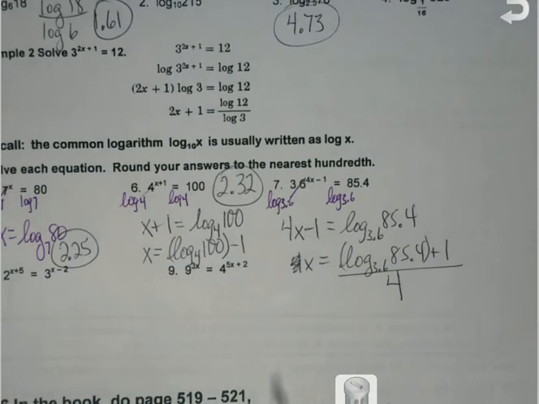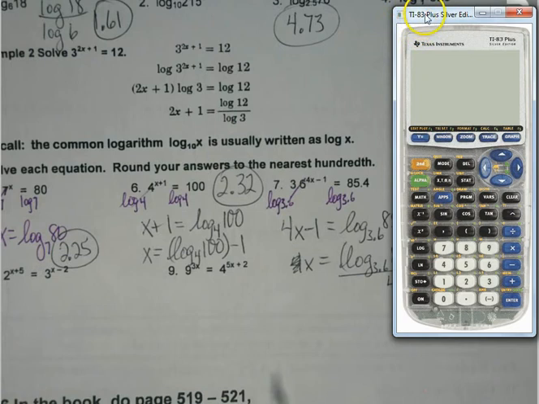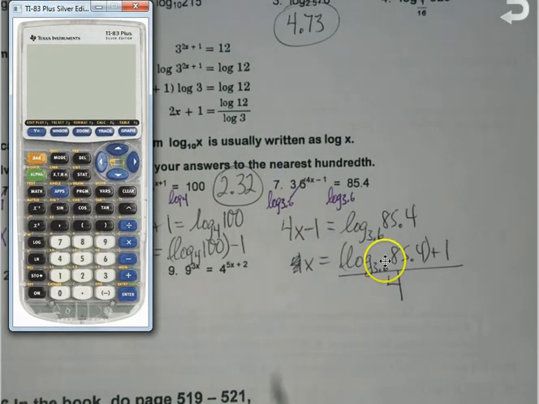Now, this is one of those times for my speed demons who want to type it all in at once, you can get yourself into trouble. Because with all the parentheses that could be going on here, I need to keep my log separate from this. I need to keep this separate from the divided by 4. So, which is why I'm not going to do that.